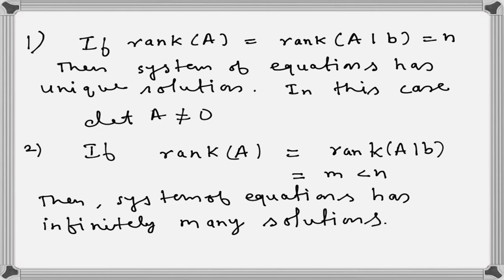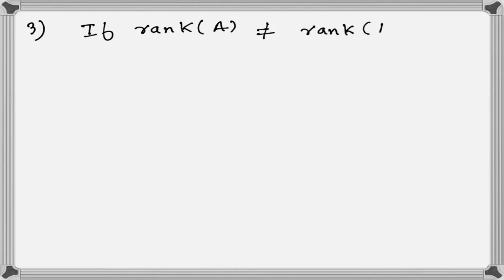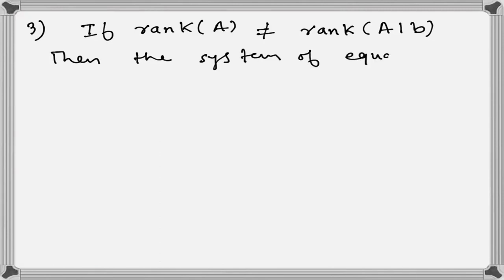Alright, the condition for no solution is: if rank of A is not equal to rank of the augmented matrix [A|B], then the system of equations has no solution.